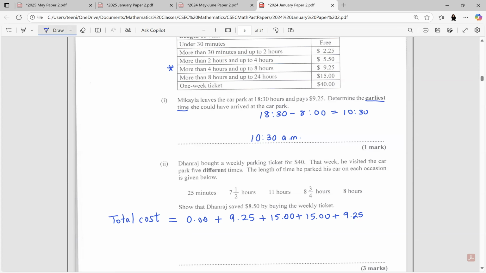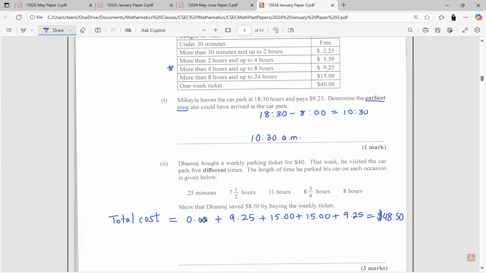Josh, what did you work it out as yet? Joshua, have you worked it out as yet? $48.50. Joshua, let me know if you got that. I got $48.50. Good. So that would be how much he had to pay if he was paying individually, right?